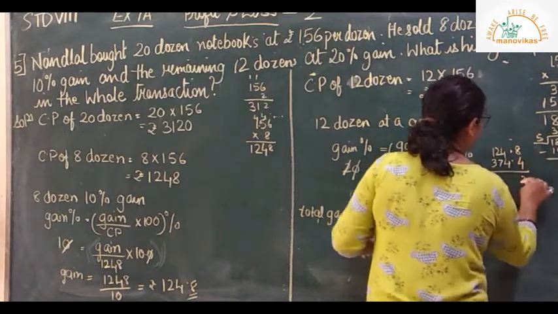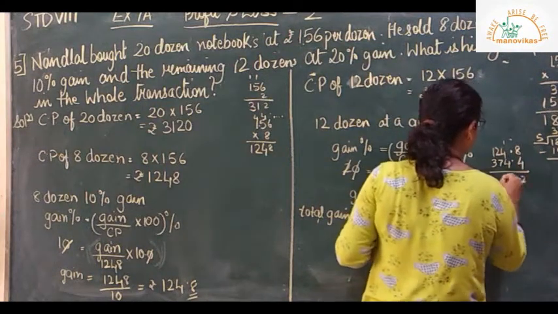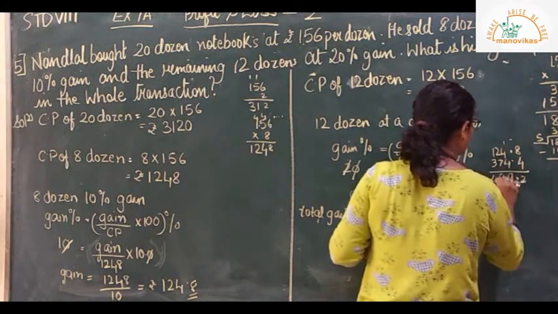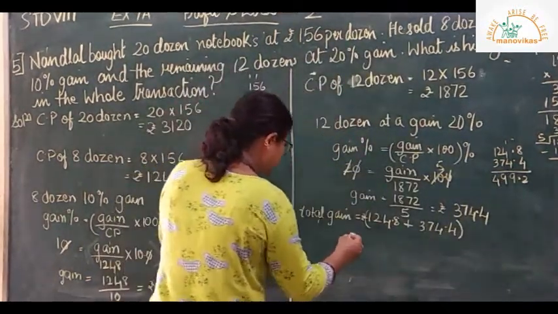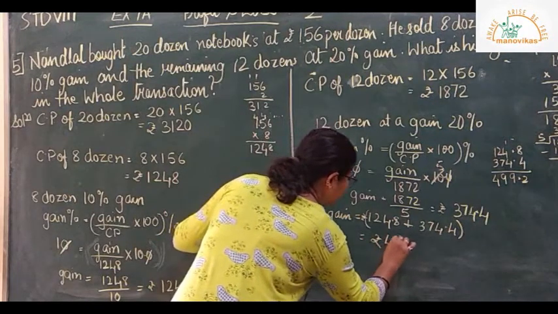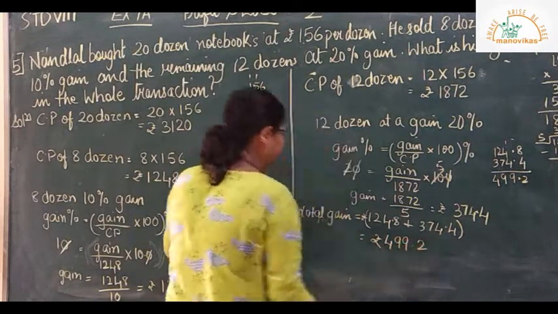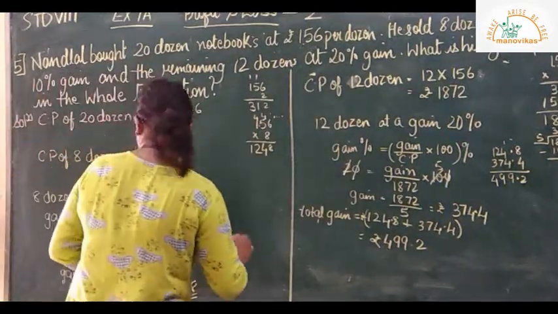So I get here 12, carry 1, 994. So I get it as 4992. So this is equal to rupees 499.2. Now we will find the gain percent.